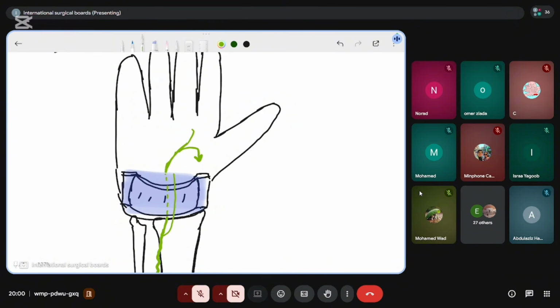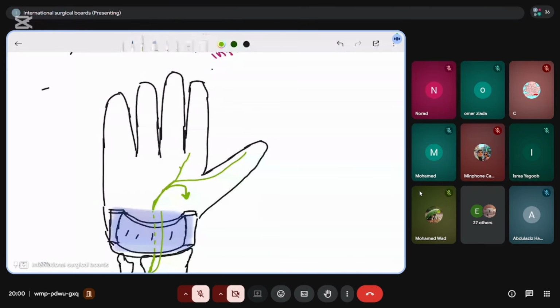Okay, there are digital branches going to the thumb, digital branches going to the index finger and middle finger, and the medial part of the ring, lateral part of the ring finger. These digital branches have two functions: sensory supply to the palmar surface of the thumb, index, middle, and lateral half of the ring.